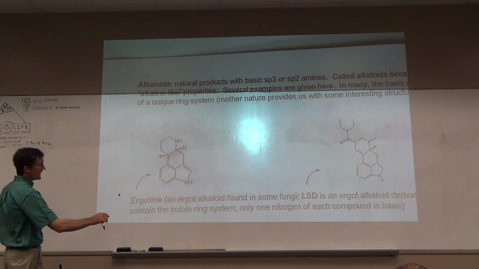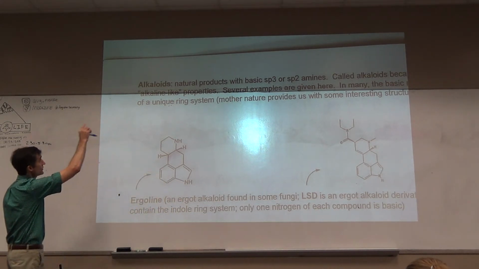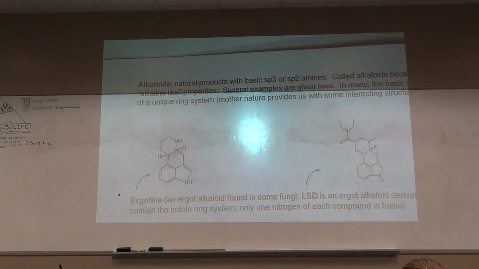And a natural product that contains a neutral basic nitrogen is called an alkaloid. What does that term mean? What's a humanoid? Human-like? Okay. Well, alkaloid is alkaline-like. Alkaline meaning basic. They have basic-like properties. Called alkaloids, natural products with basic sp3, sp2 amines.